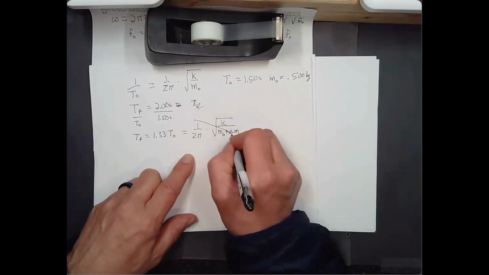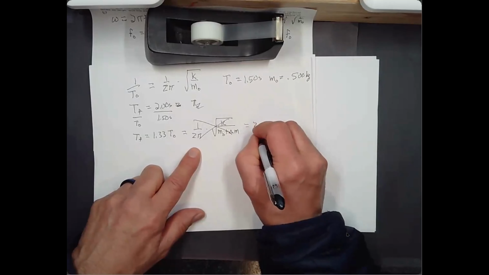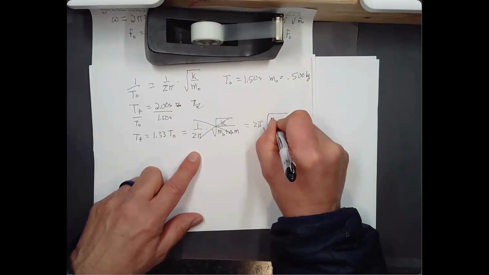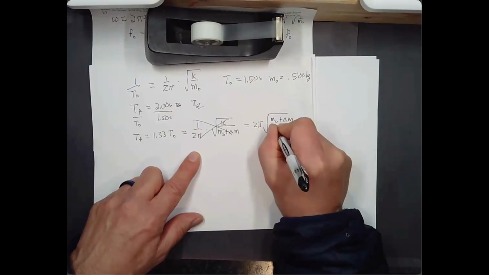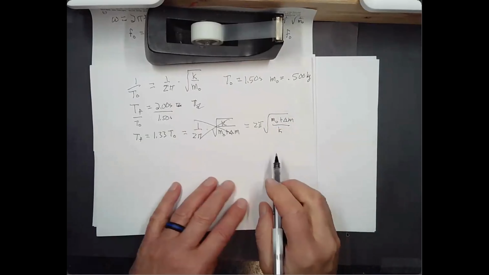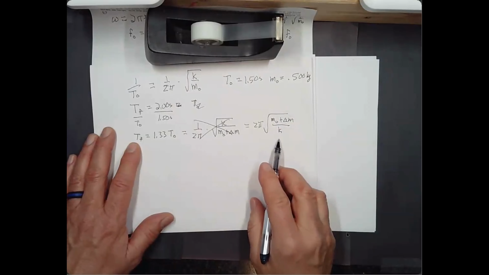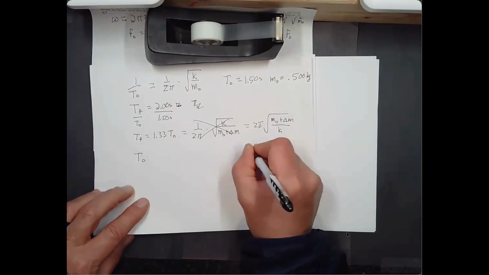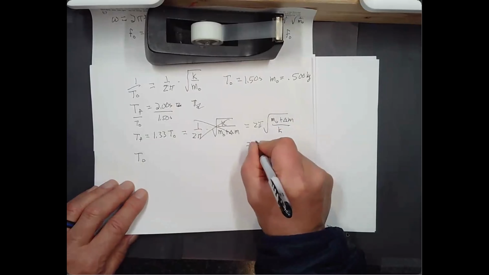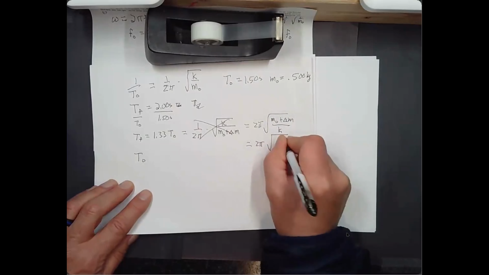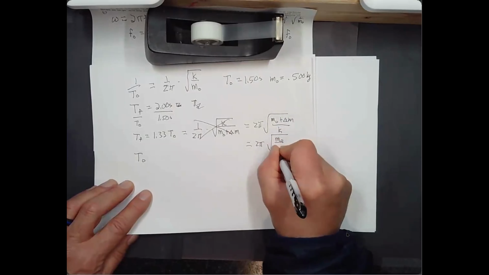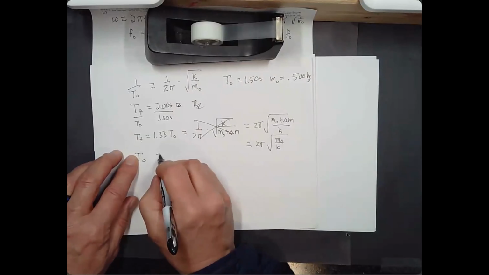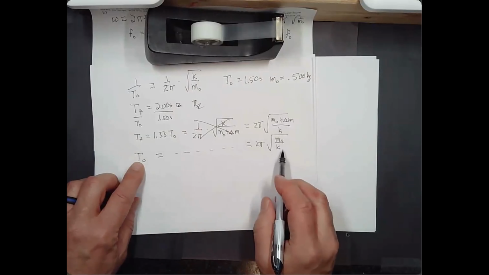So this would equal 2 pi times the square root of m naught plus delta m divided by k. That's what T final is equal to. My original equation was T naught equal to 2 pi times the square root of m naught over k.